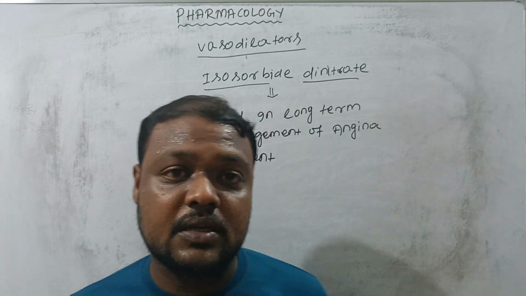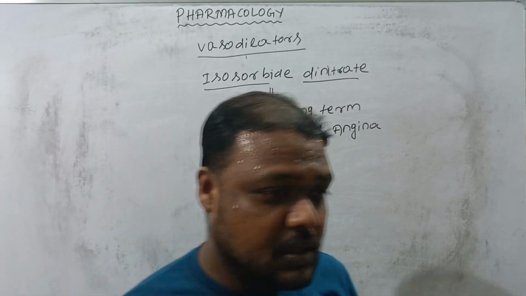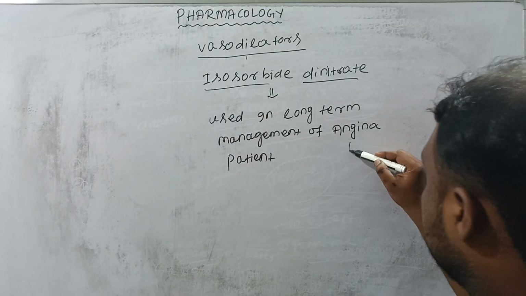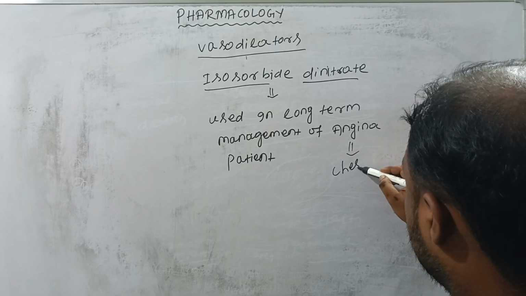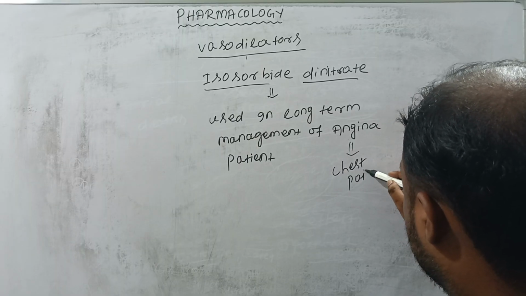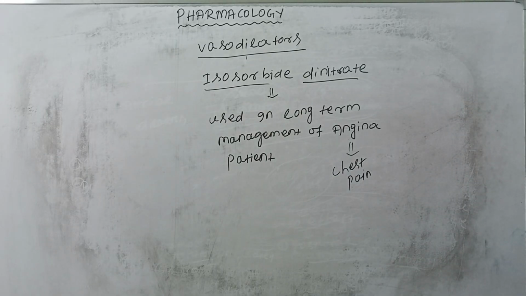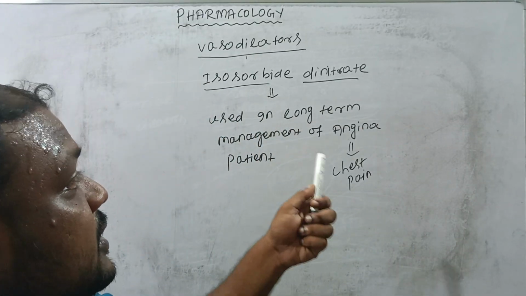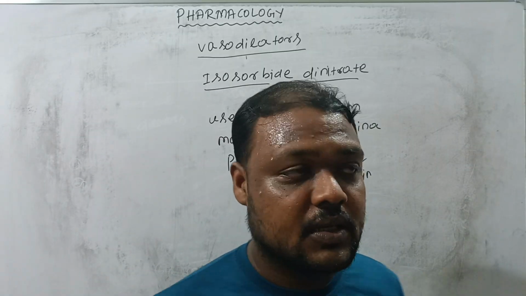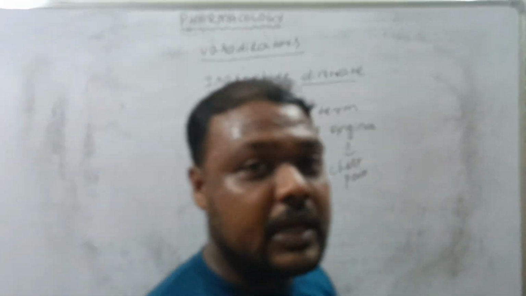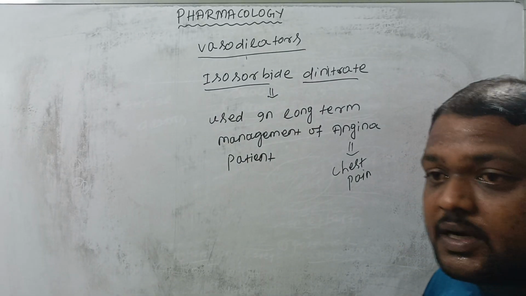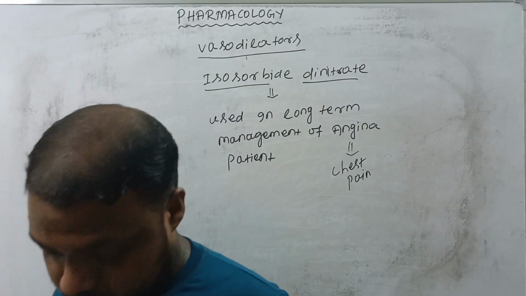What is angina? Angina means chest pain. Chest pain due to arterial blockage is called angina. So the vasodilator dilates the artery, and the pain is relieved for some time. So isosorbide dinitrate is used.